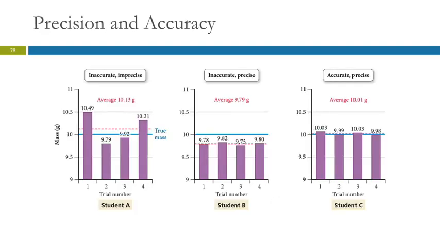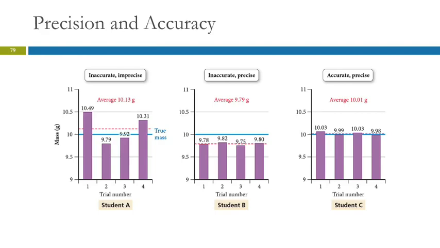So here's the same data as bar graphs. Here's student A, and we've got the different trials, and bars to represent the mass that they got for each trial. The blue line here is the true mass, and the red dotted line is the average of their measurements. When we look at this student's results, the average is quite a bit higher than 10, so not very accurate.